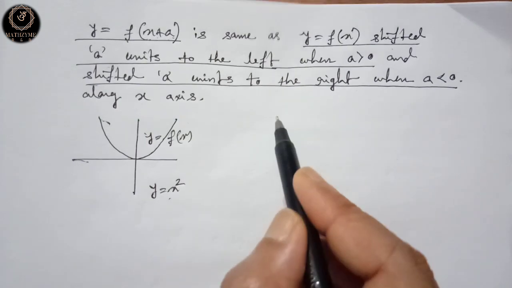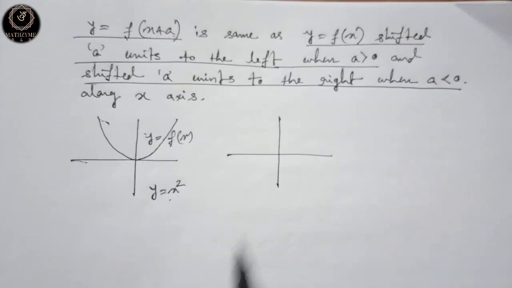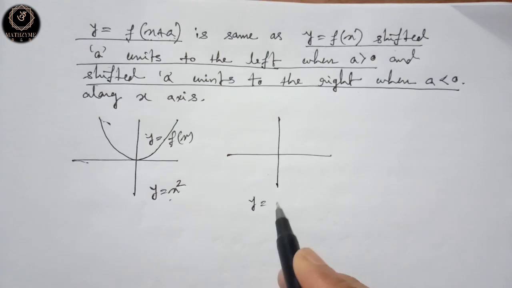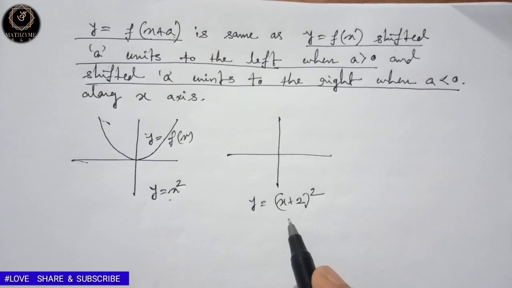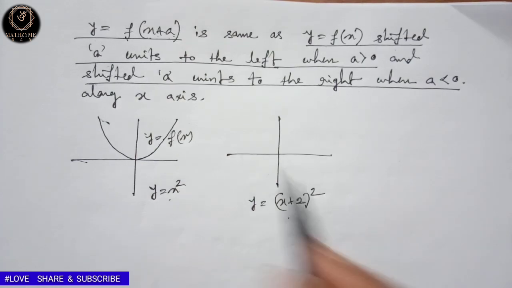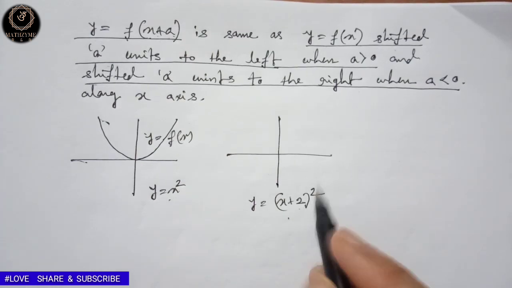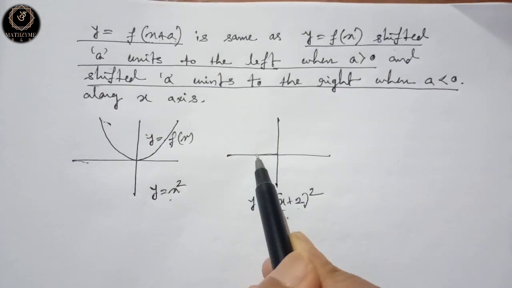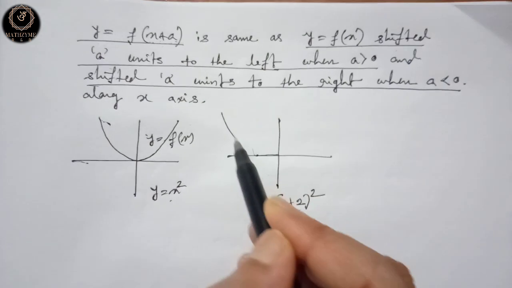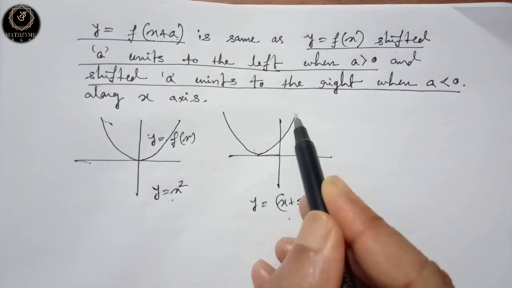Now, if we take y equals (x plus 2) whole squared, that is y equals f(x plus 2), then it's shifted 2 units left and the graph is just like this.